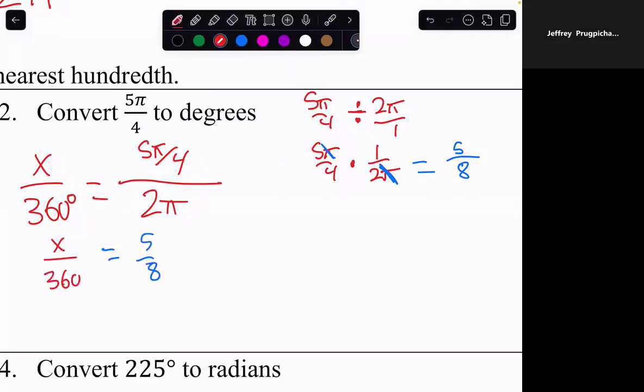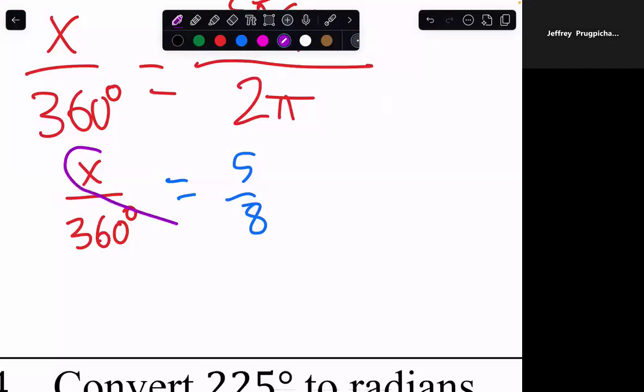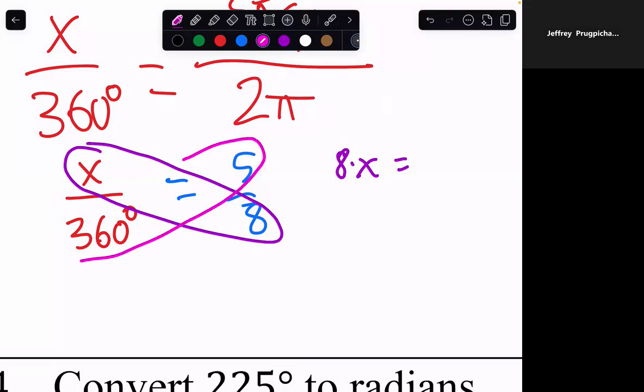And don't forget, we still have the left side. Now that we're here, again, we can cross multiply to solve this proportion. We have 8 times x equals 5 times 360 degrees.